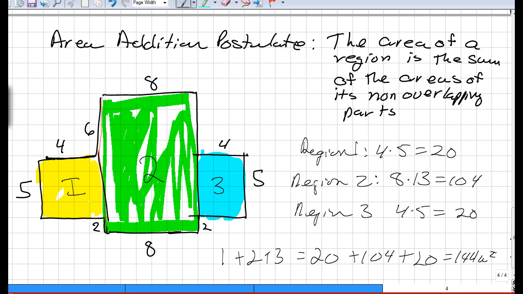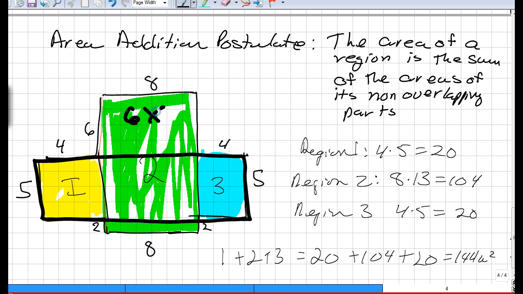So the area addition postulate allows us to break it up into parts, but again, it has to be non-overlapping parts. And there's different ways we could have divided that up. So I might have chosen instead to do something like this, okay? And this would have been a 6 by 8, okay?